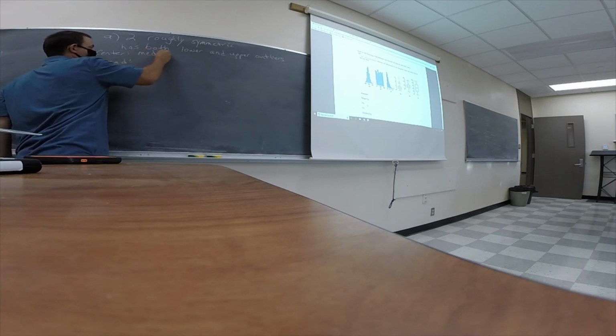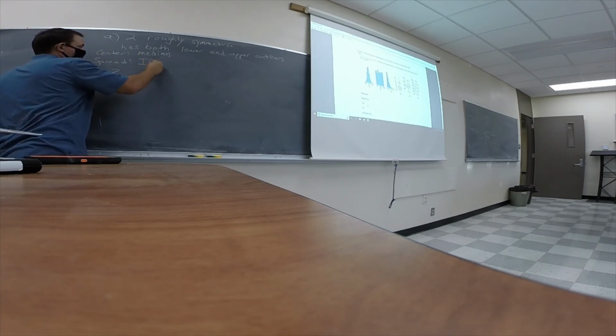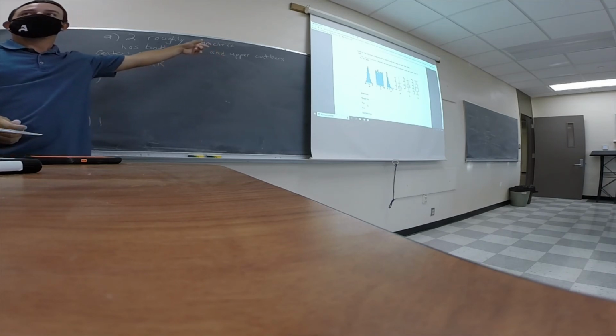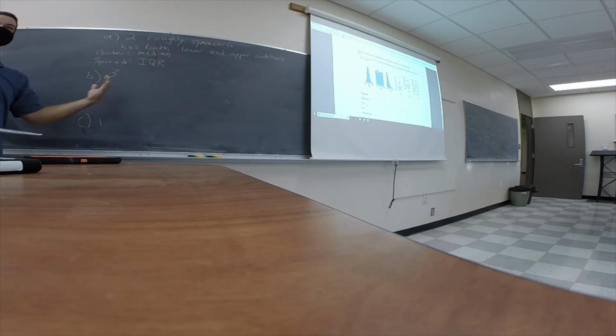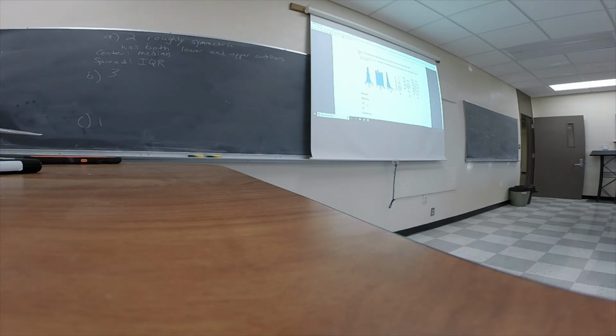If I choose the median for the center, I have to choose what for the spread? IQR. The reason I chose median is because it has outliers. If it has outliers, choose median. If it's skewed, choose median. It has to be symmetric, perfectly or roughly, with no outliers in order for it to be mean and standard deviation. Okay, easy enough?